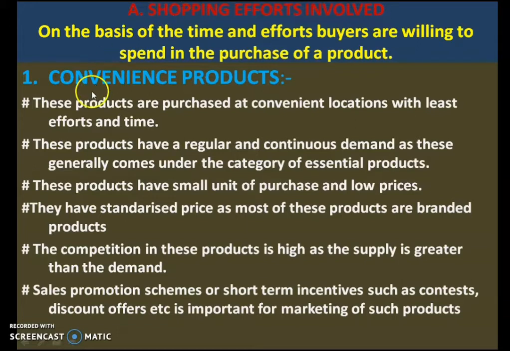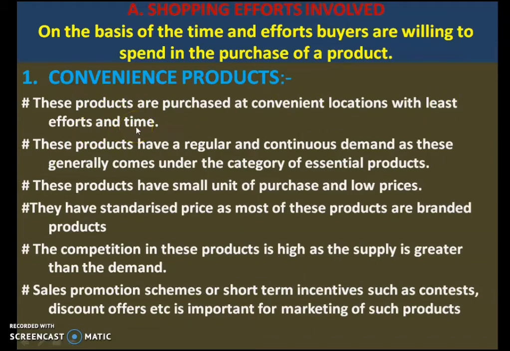So the first sub-classification under shopping effort involved is convenience product. These products are purchased at a convenient location with least effort and time. For example, toothpaste, soap, salt, sugar. So these are products which are purchased with least effort and time.